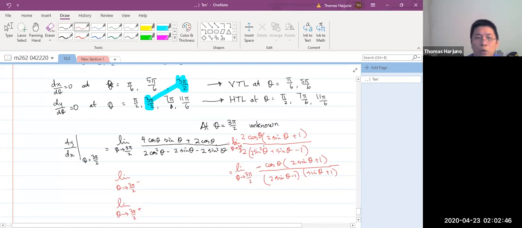Now then, how do you do this from here? You may want to separate them and apply L'Hopital rule. Give me a bit more time.